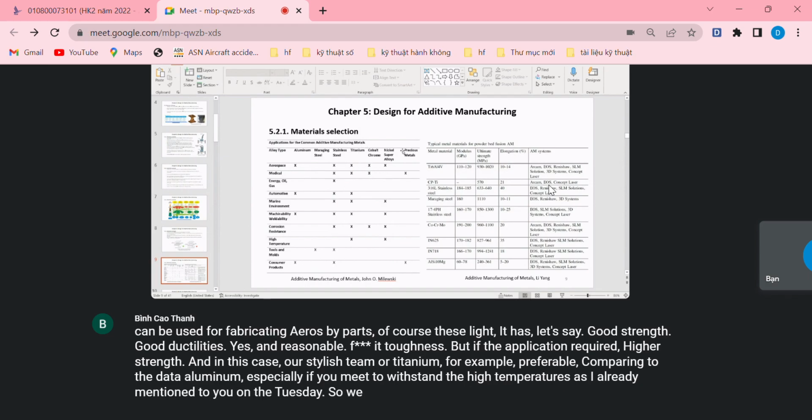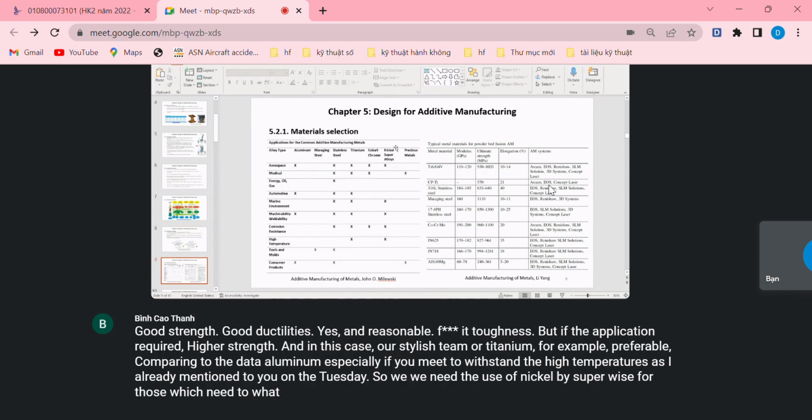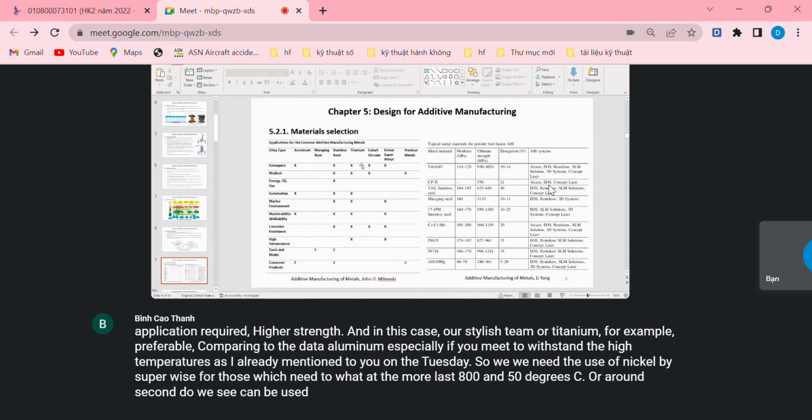So we need the use of nickel-based superalloys for those which need to work at more or less 850 degrees C, or around 600 degrees C can be used with parts made of titanium or titanium alloys.